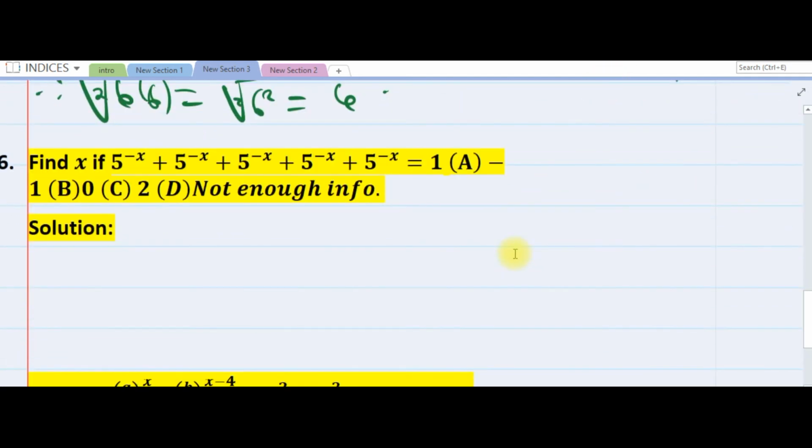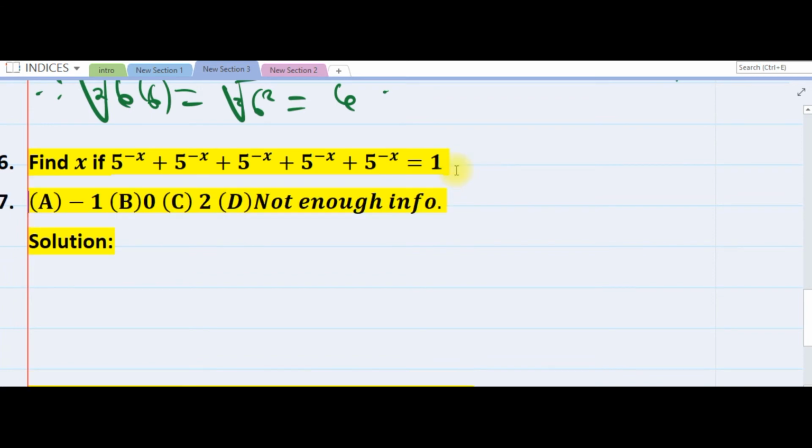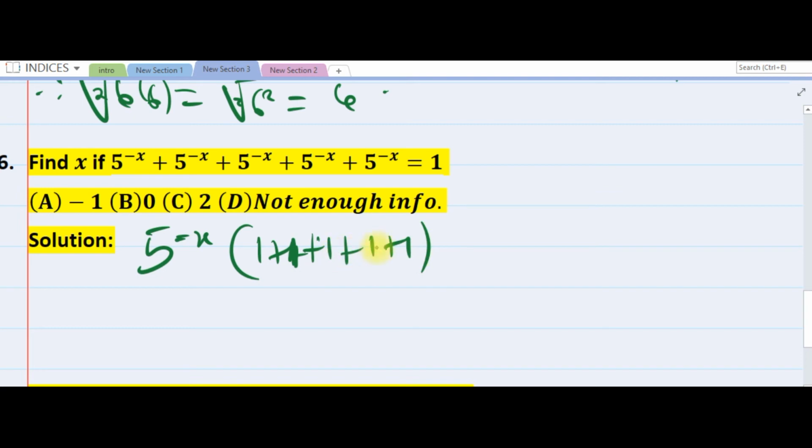So the next question, we are given this and we're asked to find x. So bring out 5 raised to power minus x times 5 times 1, 2, 3, 4, 5. They told us it is equal to 1. This is now 5 raised to minus x times 5 equals 1.